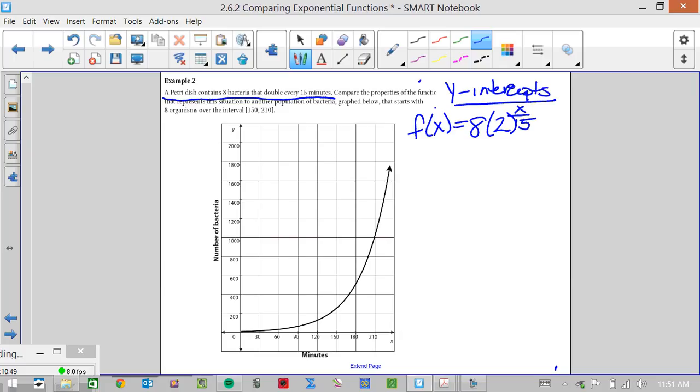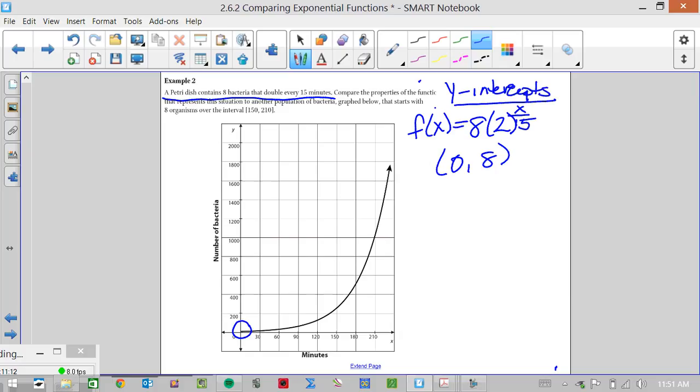My y-intercept is where it starts, and the context of the problem tells me that it starts at 8. So in this case, my y-intercept is 0, 8. On my graph, it looks like my y-intercept is somewhere close to 0. It's hard to tell, though, on this graph.